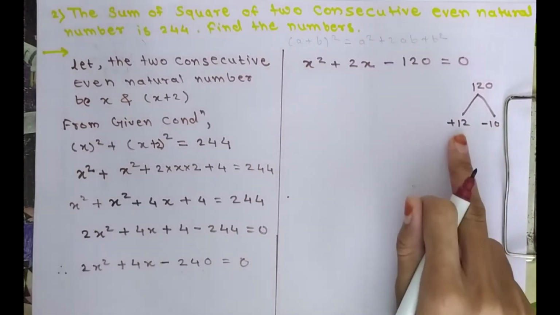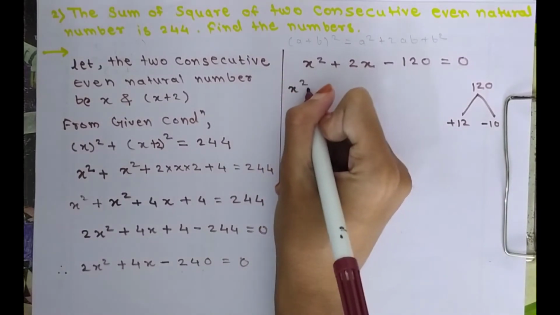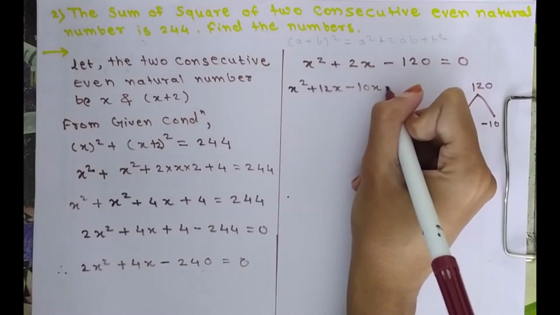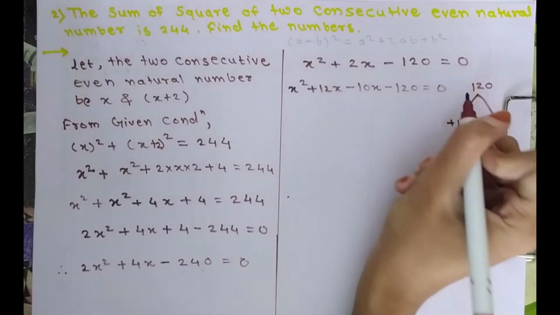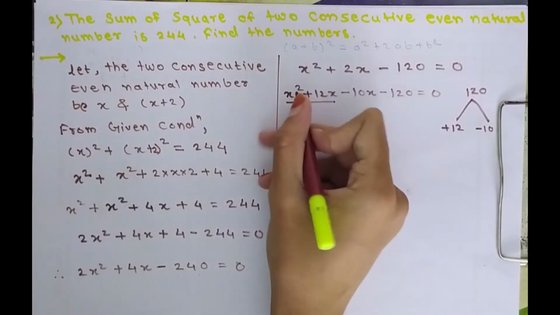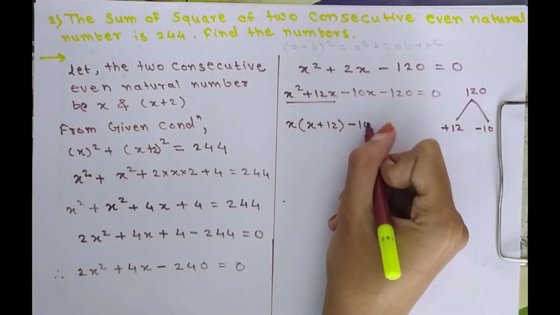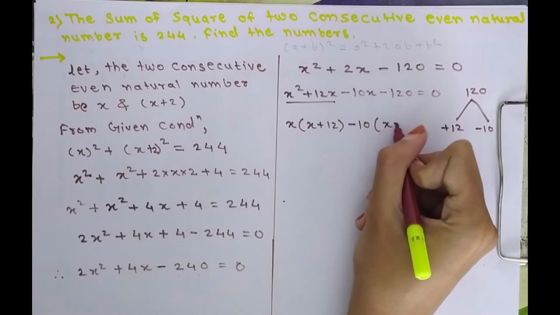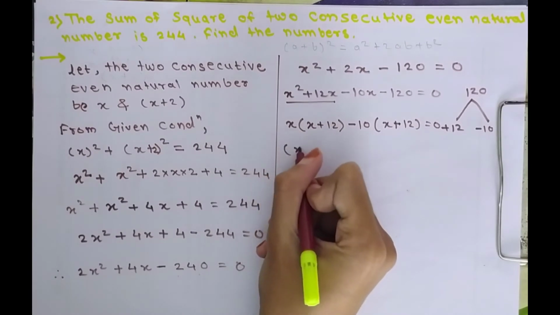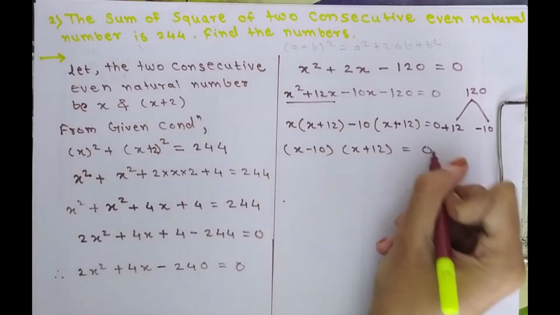So x square plus 12x minus 10x minus 120 is equal to 0. From these two, what is common? x, and in the bracket x plus 12. And from this, minus 10 is common, and x plus 12 is equal to 0. So (x minus 10)(x plus 12) is equal to 0.